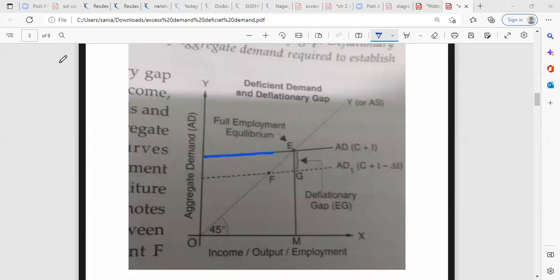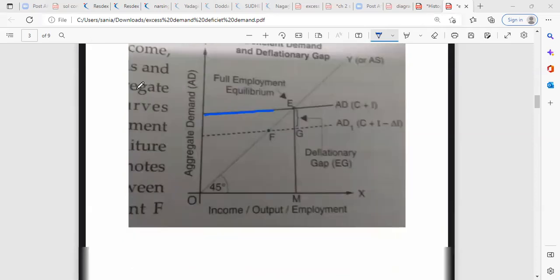Mariam and Mohammed Ayan. Okay, Mohammed Ayan, you are also done. Now, reasons for deficit demand.